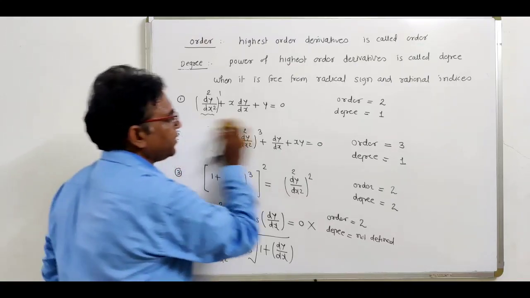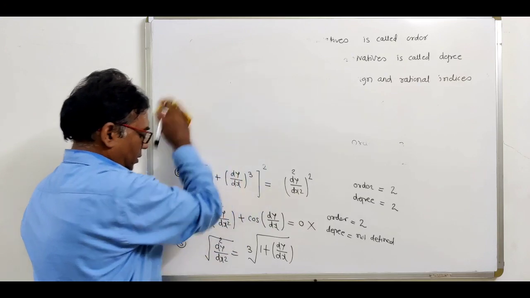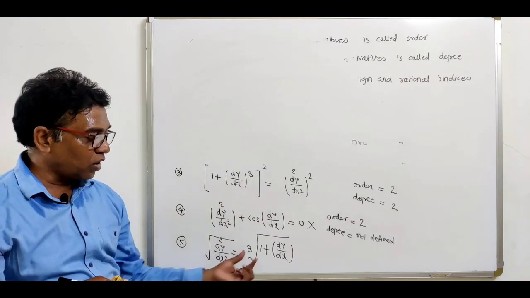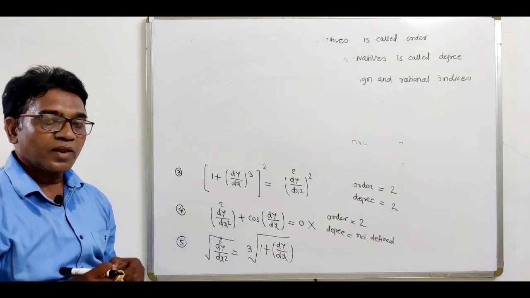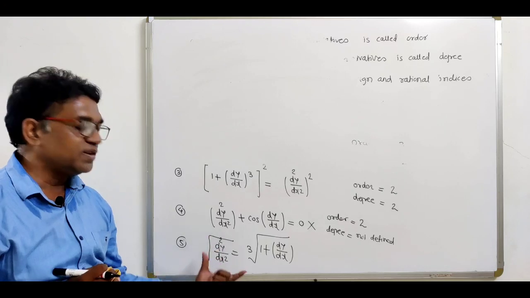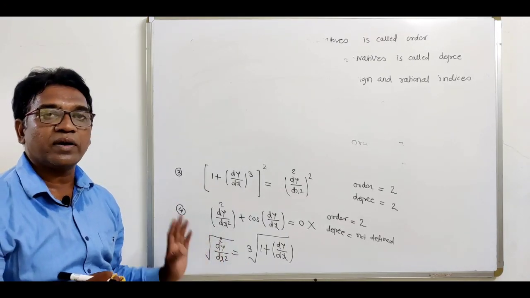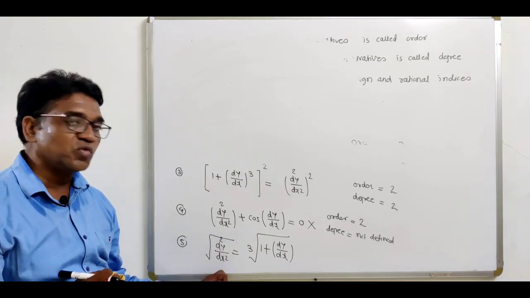Now consider this next example: square root of d square y by dx square is equal to cube root of 1 plus dy by dx. Obviously, what is the highest order derivative in this differential equation? d square y by dx square is the highest order derivative. So the order of this differential equation is 2.